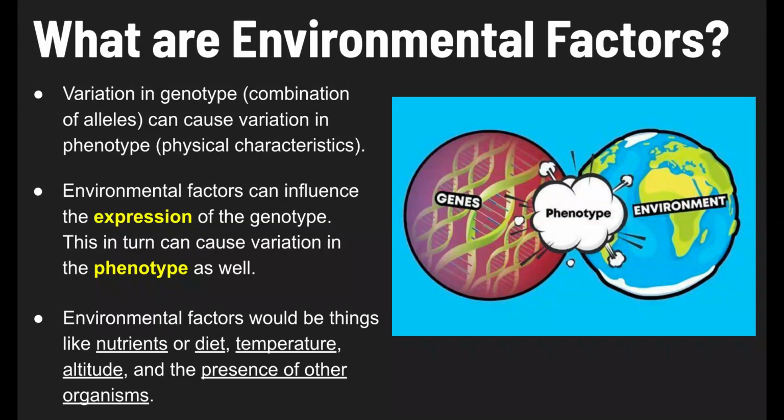So what I want to do in the remainder of the video is just give you some real life examples of how environmental factors influence the expression of genotypes. And by influencing the expression of those genotypes, you get a variety of phenotypes.